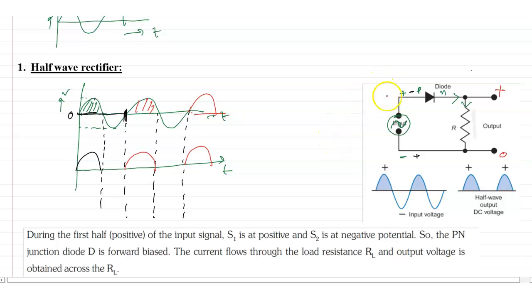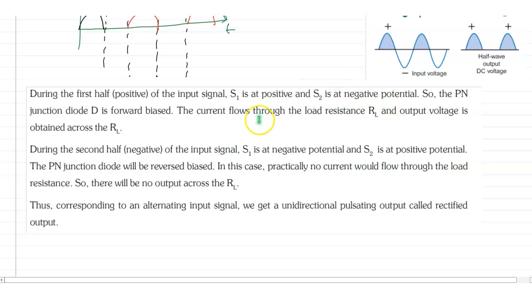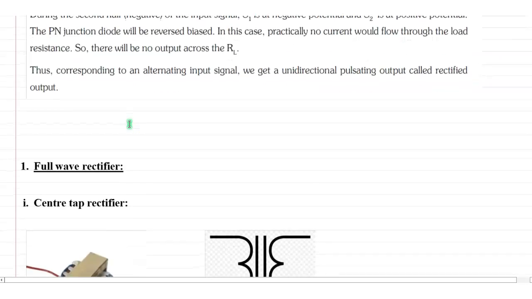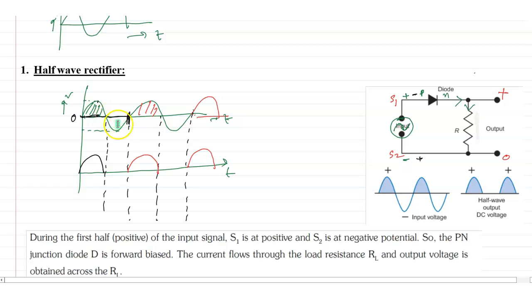The PN junction diode is in forward bias, so current flows and we obtain output voltage across the circuit. One half of this cycle is neglected, so we get power near about half of the full wave.